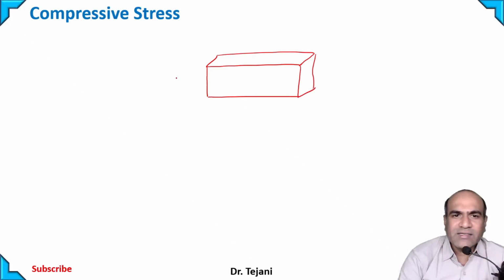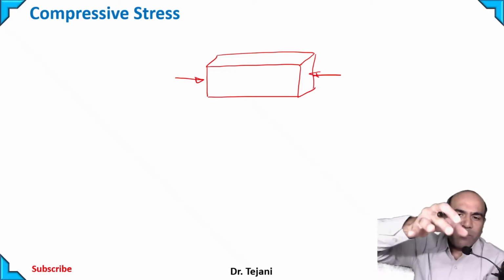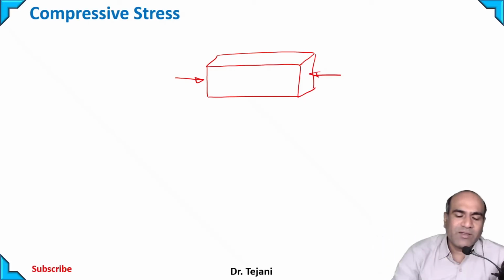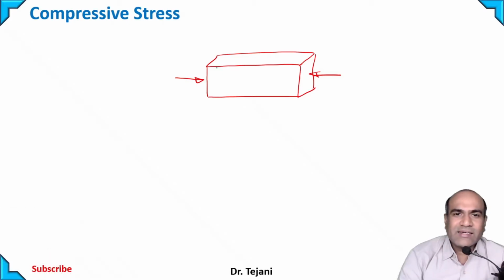If we apply some compressive force, if you take a rubber eraser in your hand and compress it, what happens? There is a decrease in length. We can see there is a decrease in the length of the rubber.